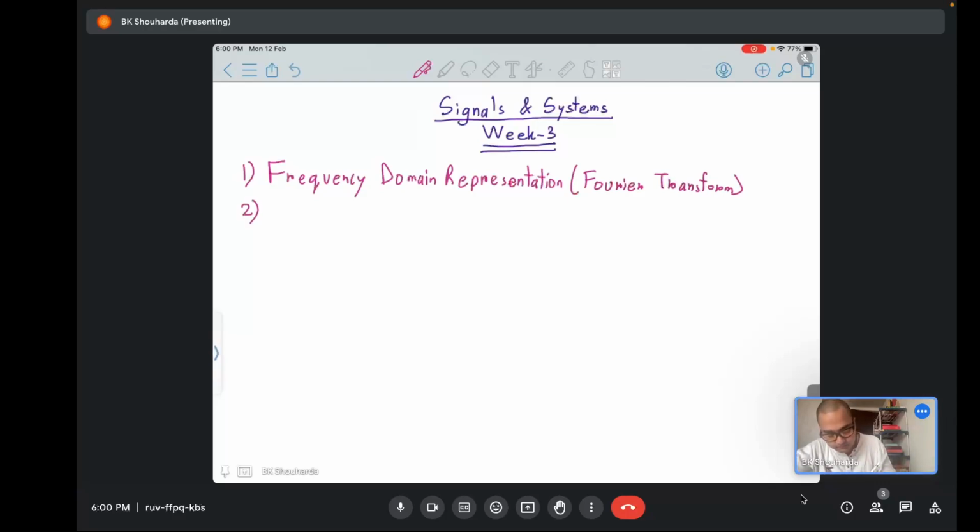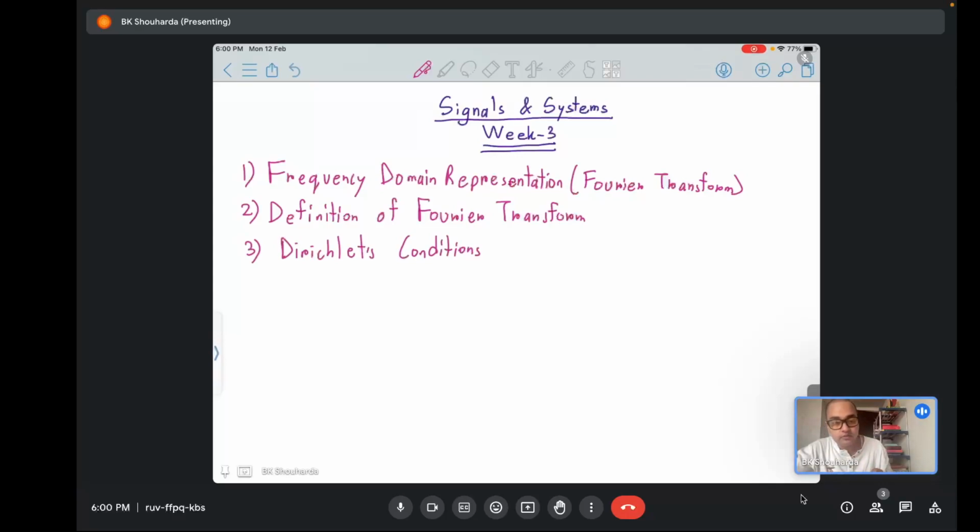Then we talk about the definition of Fourier transform, followed by the Dirichlet's conditions, and these conditions define whether the Fourier transform shall exist or not for a given set of conditions on a signal.